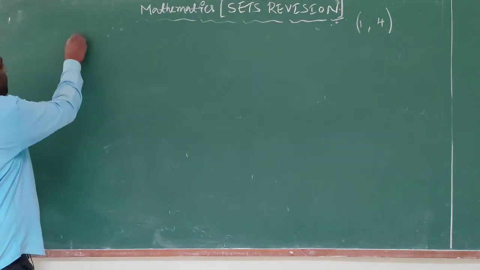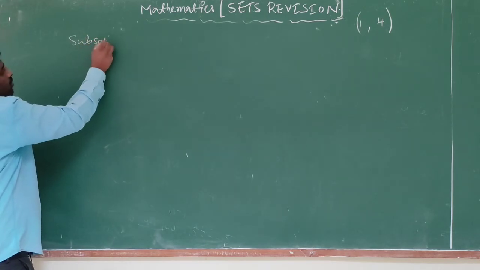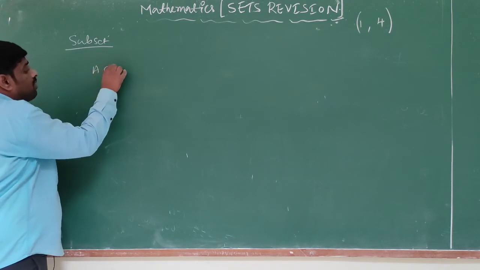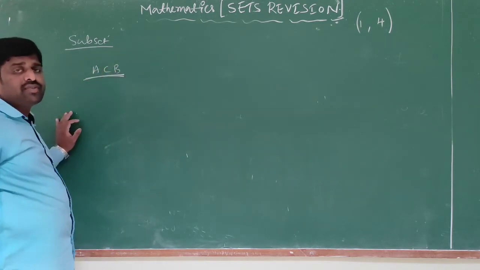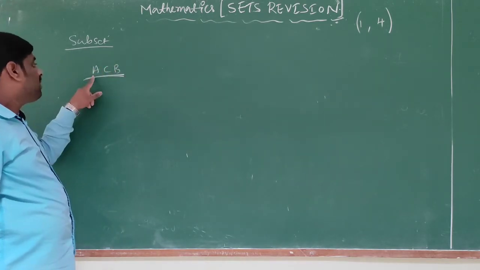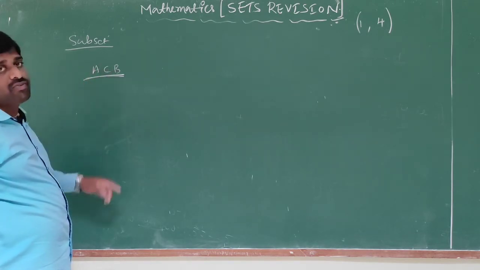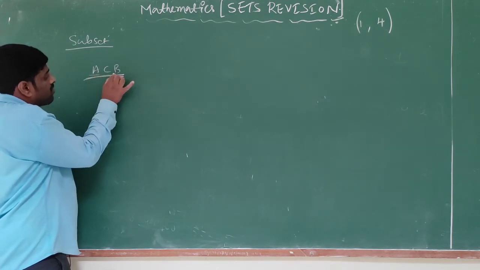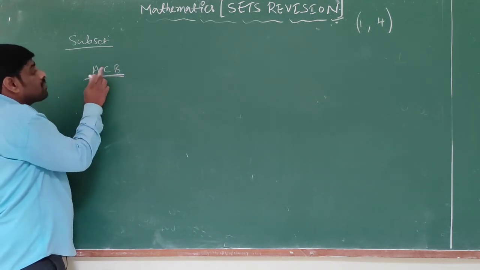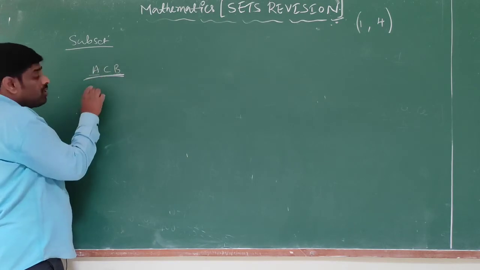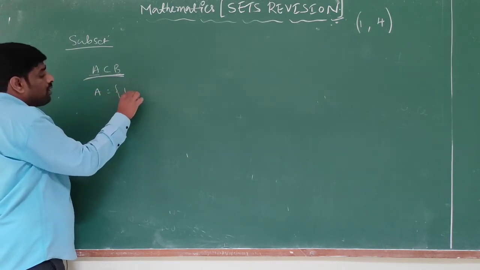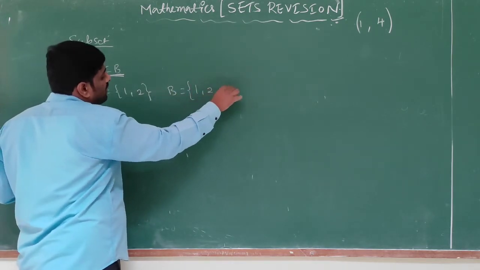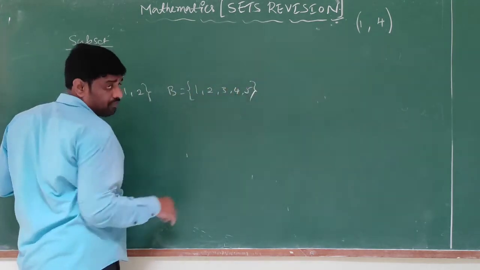Next, subset. Here subset is very very important. A is a subset of B means every element of A is an element of B. That means the elements in A must be in B. Suppose A is equal to {1, 2}, and B is equal to {1, 2, 3, 4, 5}.